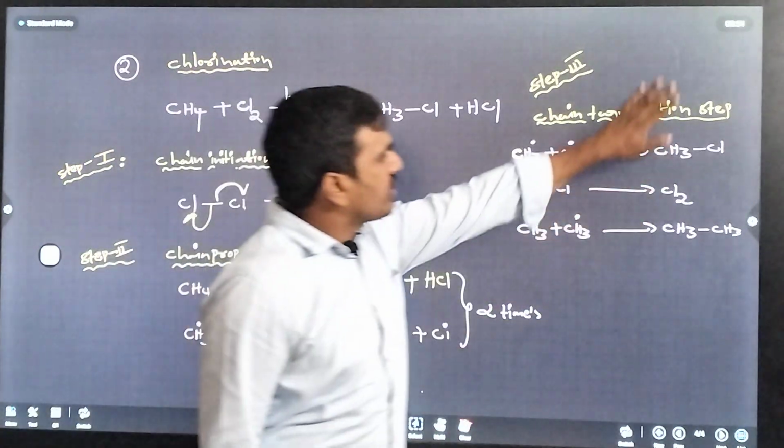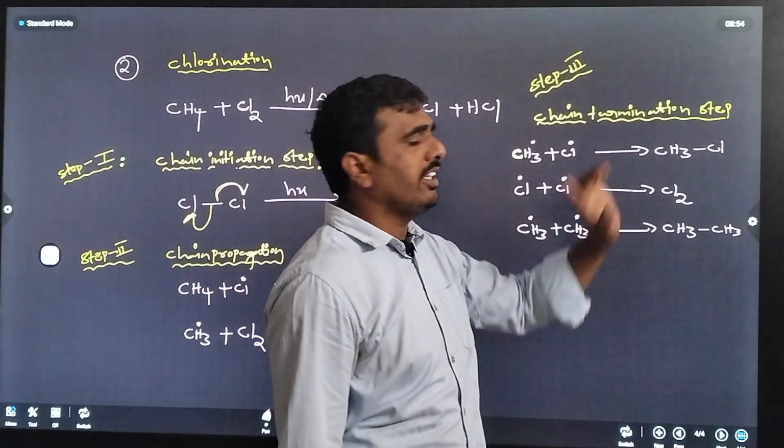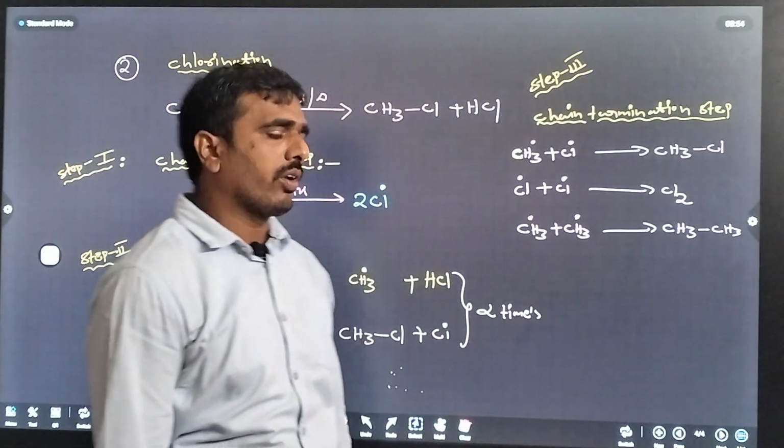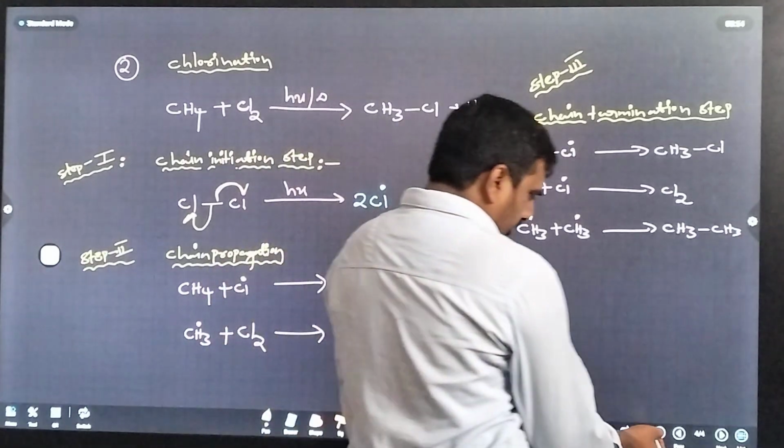So here there are no free radicals formed as a product. That's why this is a chain termination step.